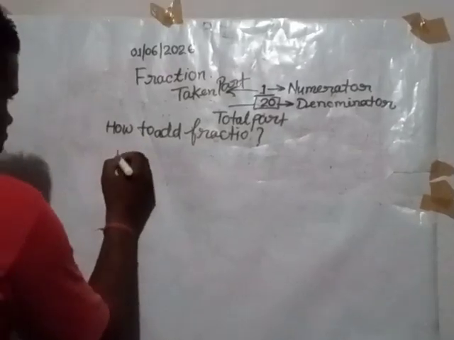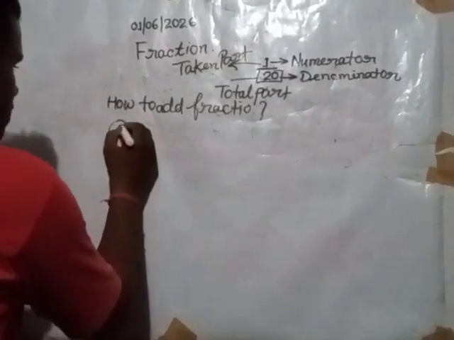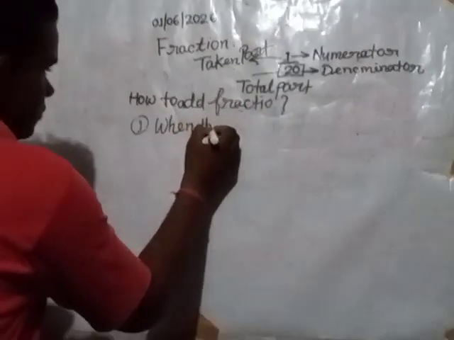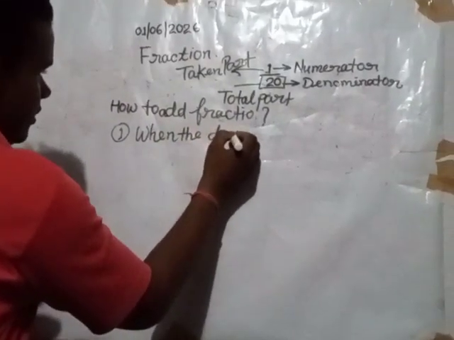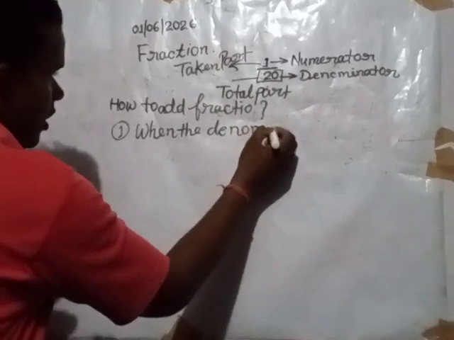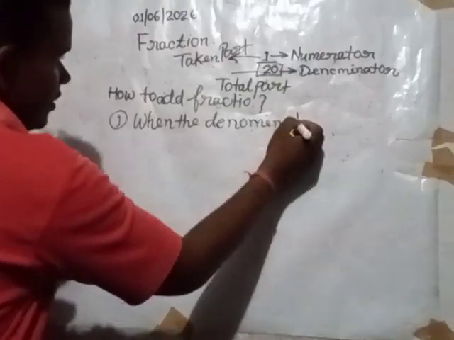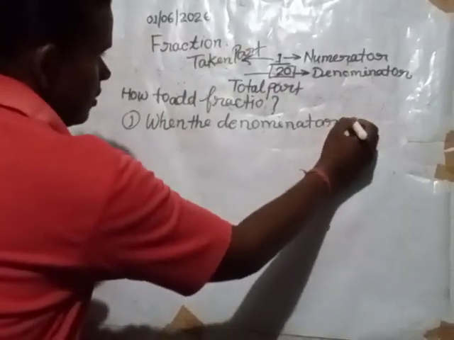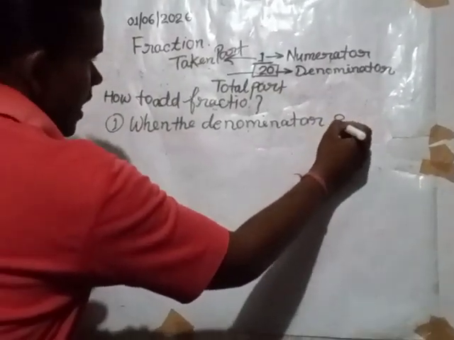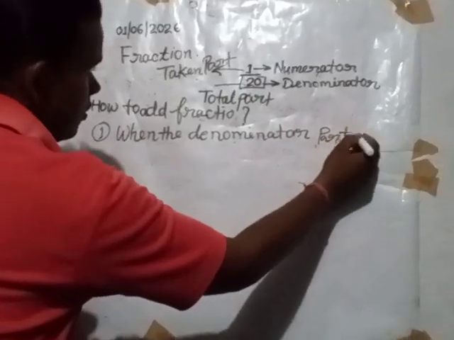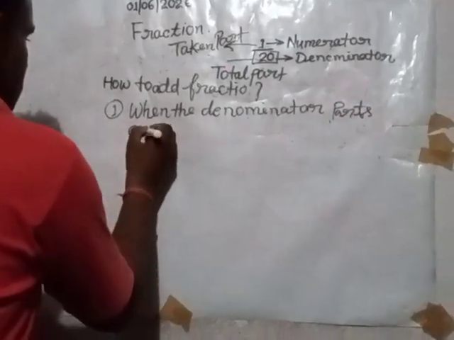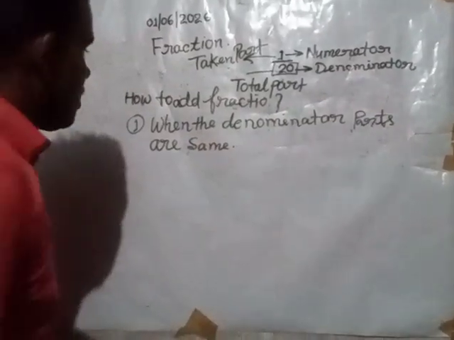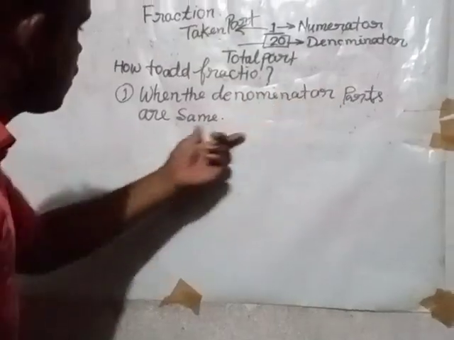Here are some conditions. The first condition is when the denominator parts are the same.